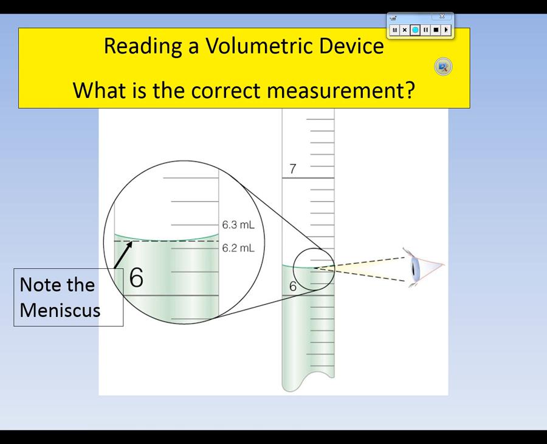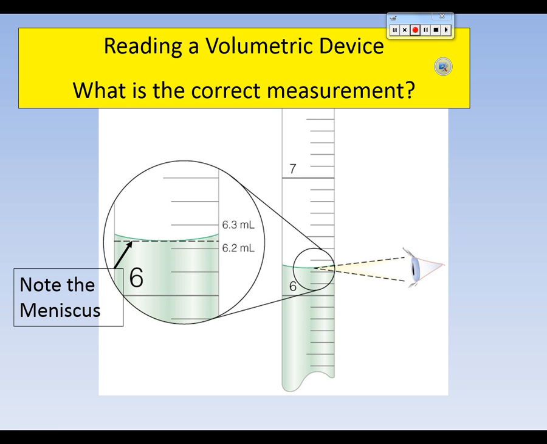All right. You do not have this picture, but in your head, not yelling, if you had to record a measurement of the volume of the liquid in that graduated cylinder, what might you write down? In your head. Okay, so what would be an acceptable recording of the volume of that measurement?